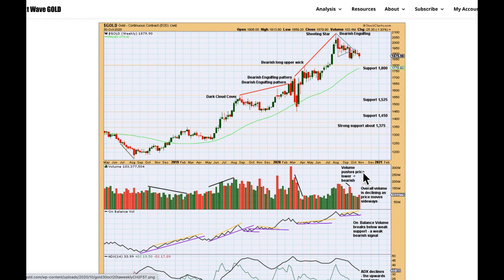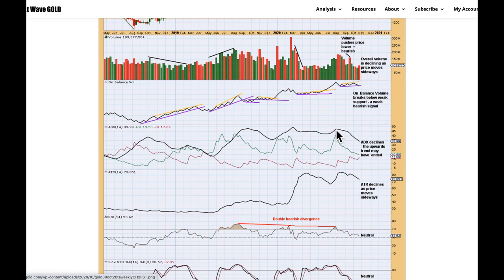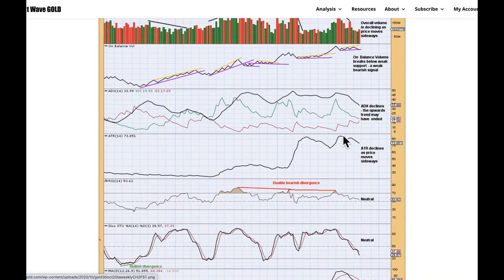For the short term, downward movement has some push from volume this week, and on balance volume breaks below this support line. This tells us to expect more downward movement next week and would tend to support either of those alternate Elliott wave counts. ADX reached very extreme for the prior upward trend. It's still declining. Price has essentially been moving sideways.